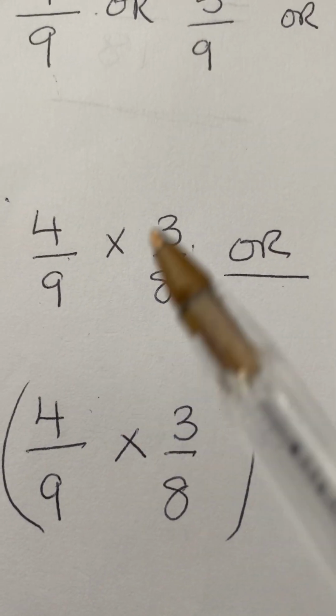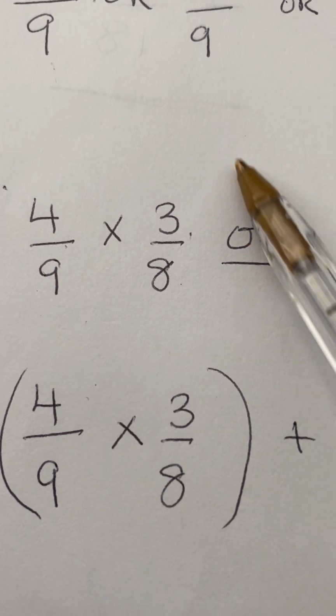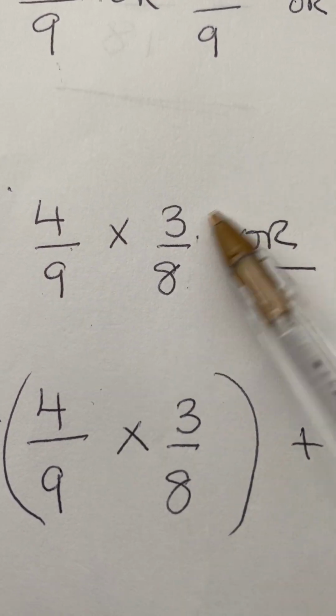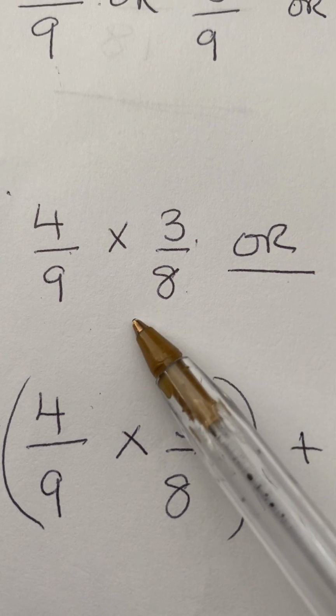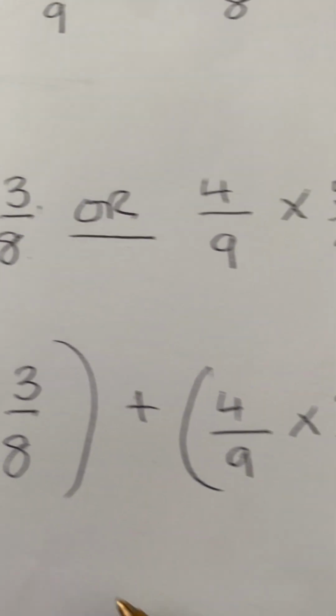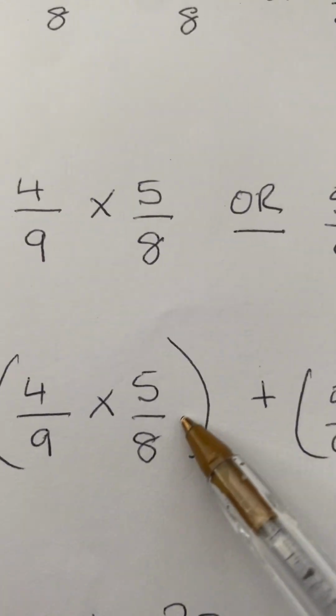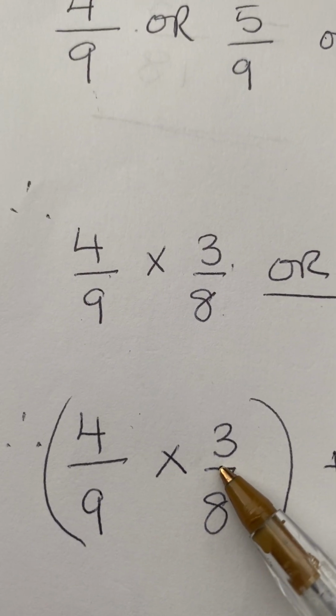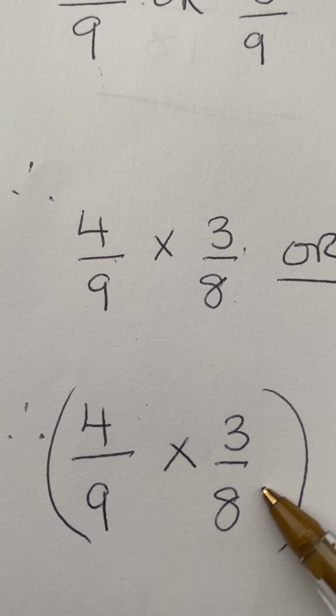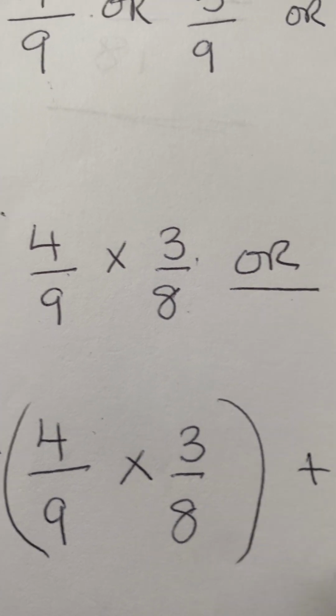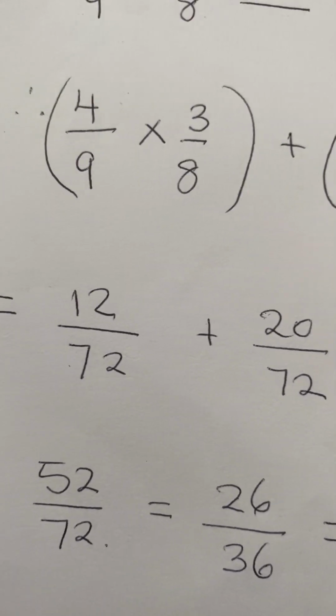And then you get the possible arrangements, okay? And then you multiply them together, and add them, because you are going to pick twice, okay? Add them together, you get 13 over 18.